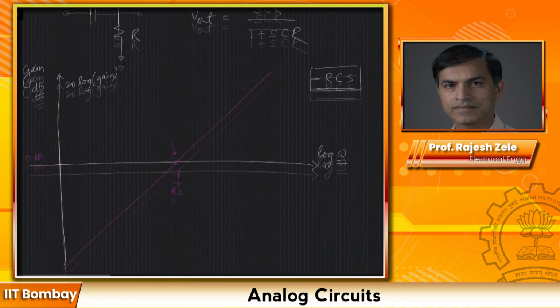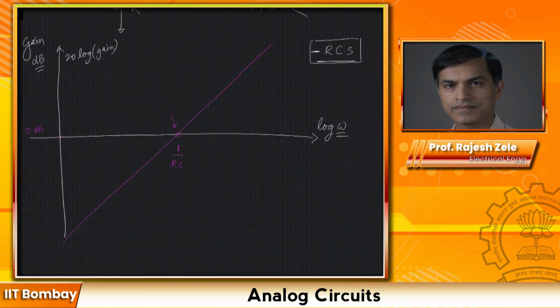So if you plot the characteristics, you should see something flattening out over here. Everything else remains the same, and the pole frequency is 1 plus AV divided by RC, and this is 20 log of AV, the open loop gain.